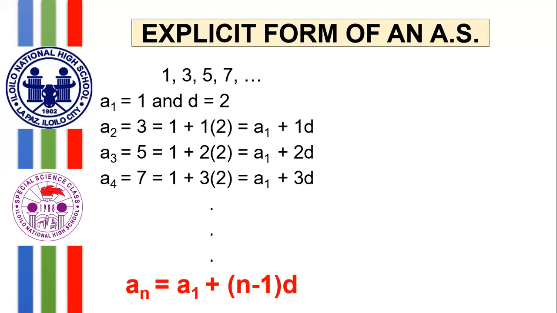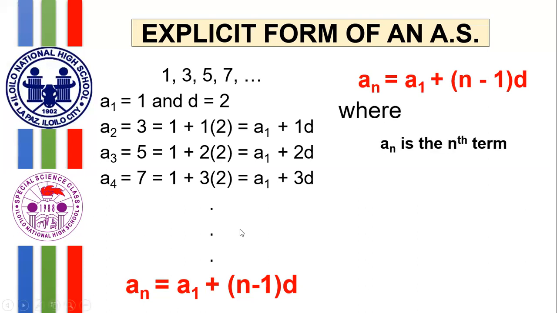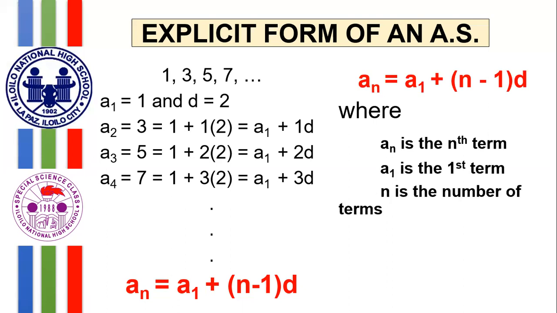That's why, ladies and gentlemen, this is now the explicit formula for finding a certain term of an arithmetic sequence. That is, a sub n is equal to a sub 1 plus n minus 1 times d, where a sub n is the nth term, a sub 1 is the first term, n is the number of terms, and d is the common difference.